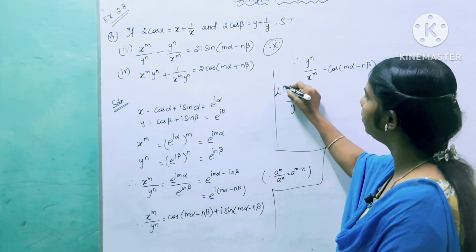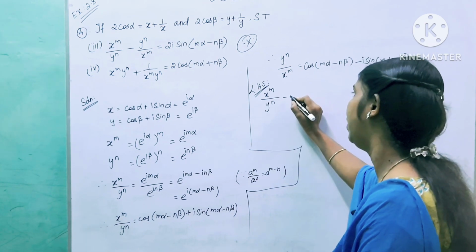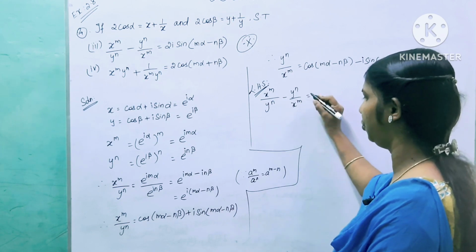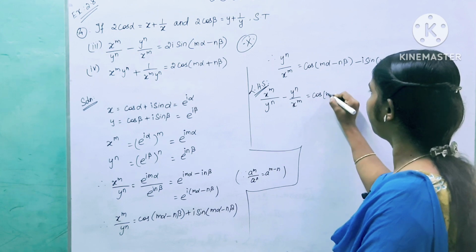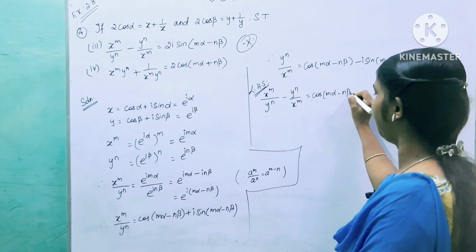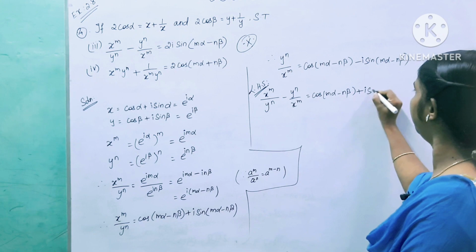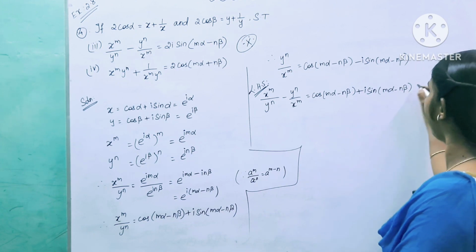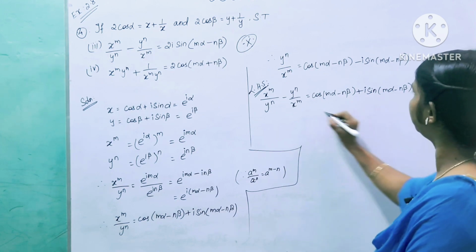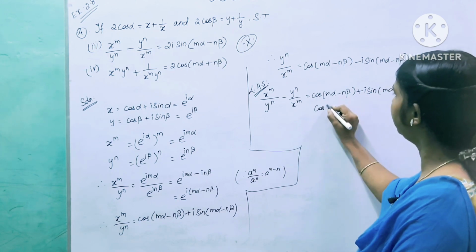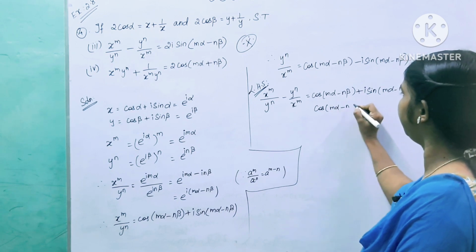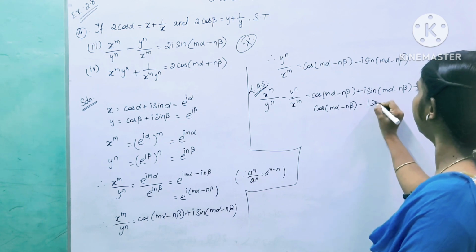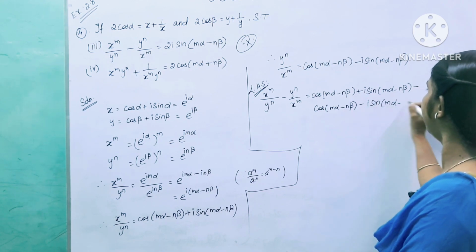This is our LHS. X power m by y power n minus y power n by x power m is equal to cos m alpha minus n beta plus I sin m alpha minus n beta minus of cos m alpha minus n beta minus I sin m alpha minus n beta.